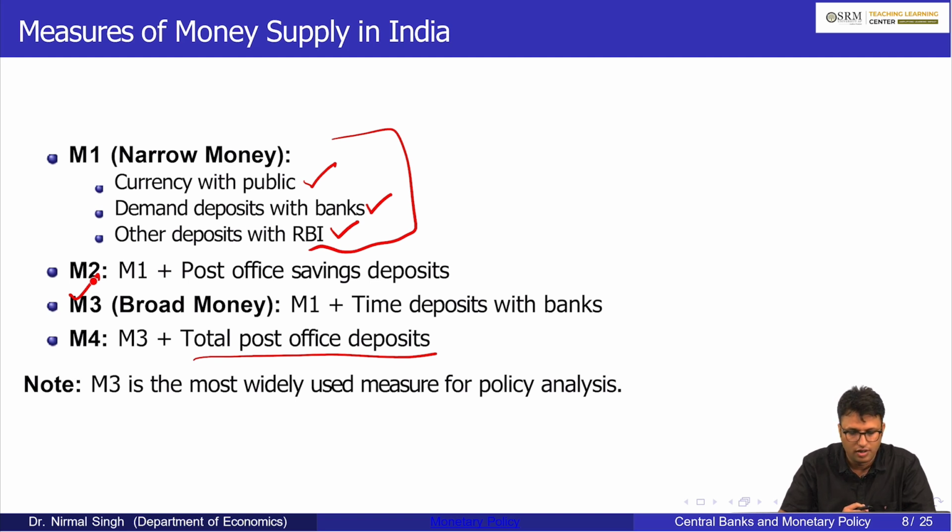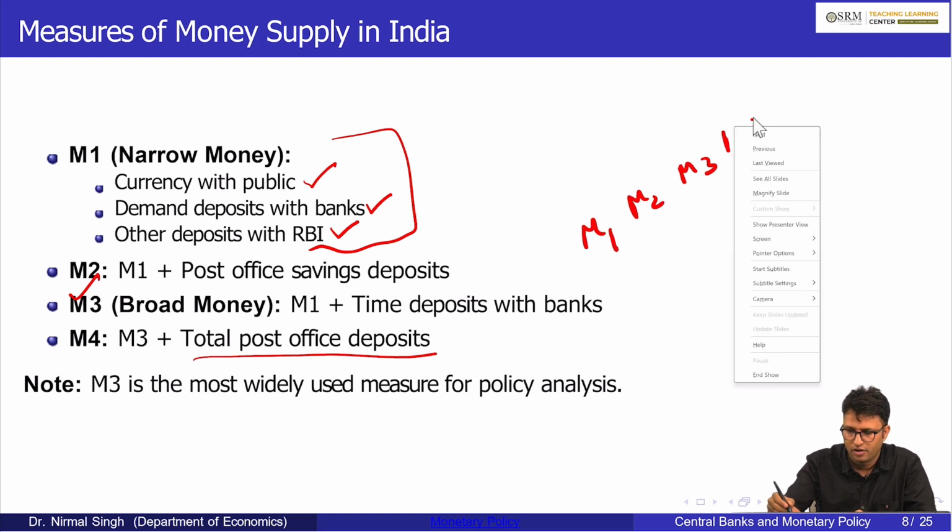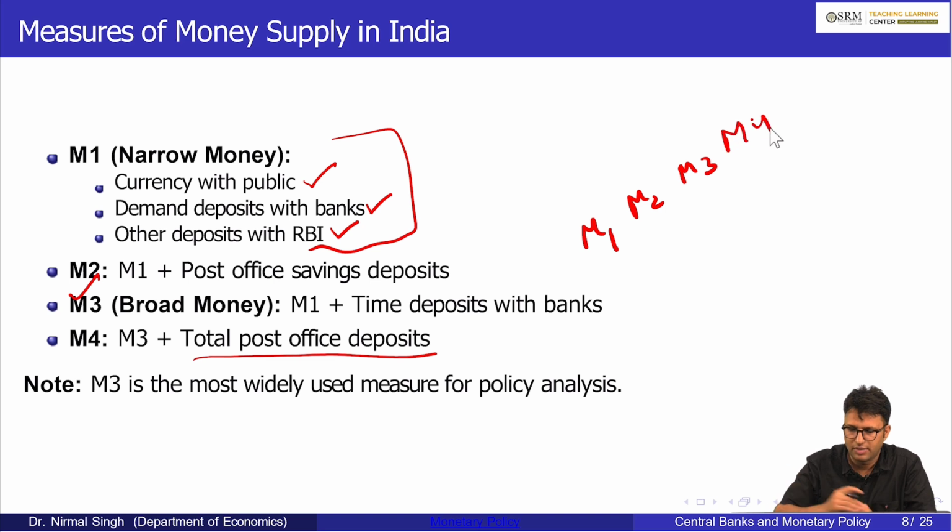Now here a few things I would emphasize: these M1, M2, M3 and M4 measures differ in liquidity. That means how easily we can convert them into cash, or how close these aggregates are to cash; we can rank them based on this. So M1 is more liquid compared to M2, M2 is more liquid compared to M3, and M3 is more liquid than M4.